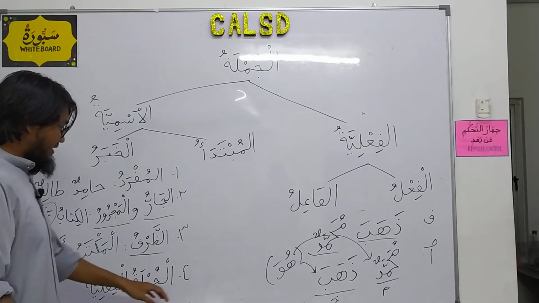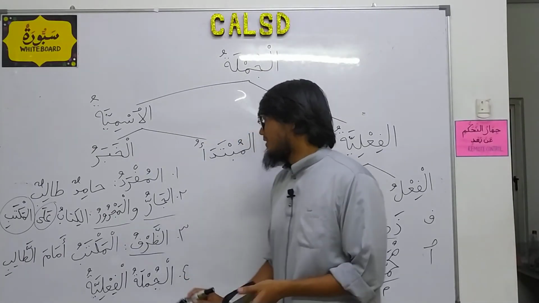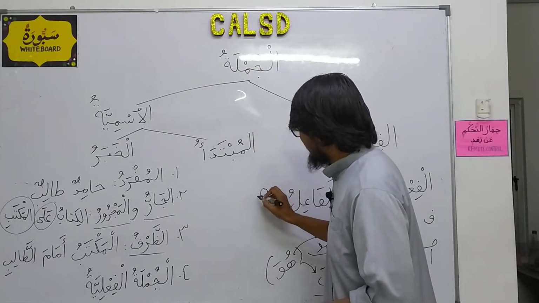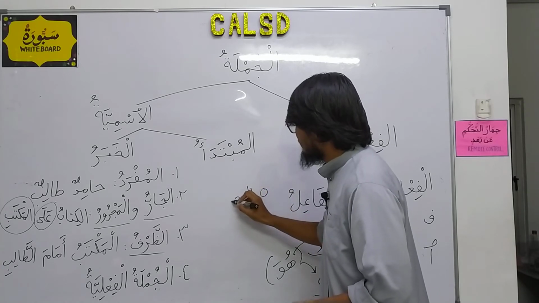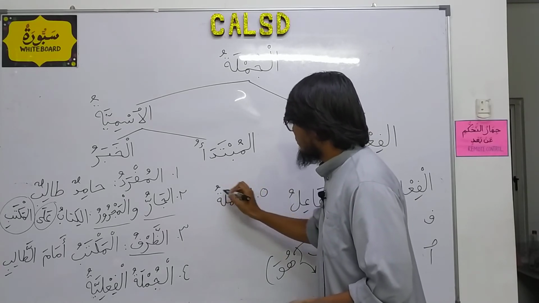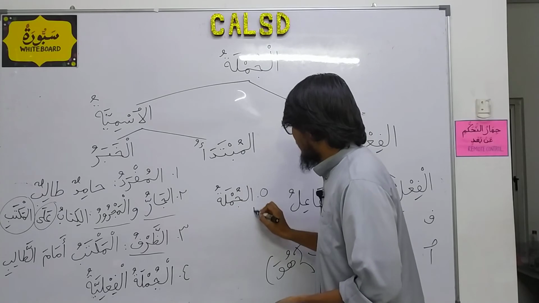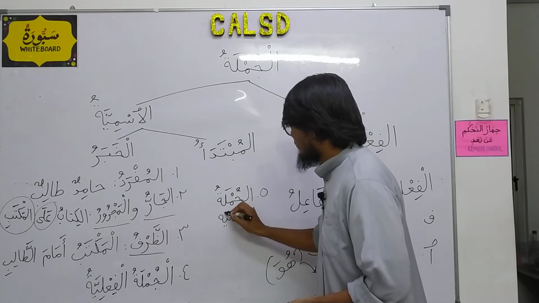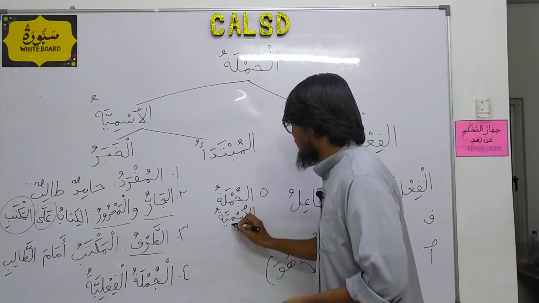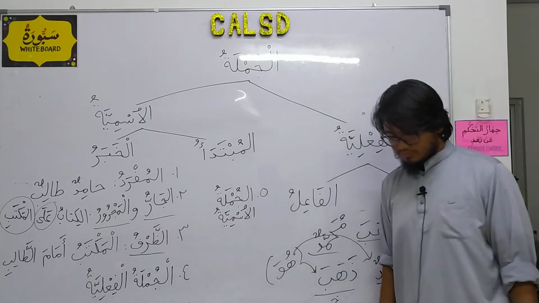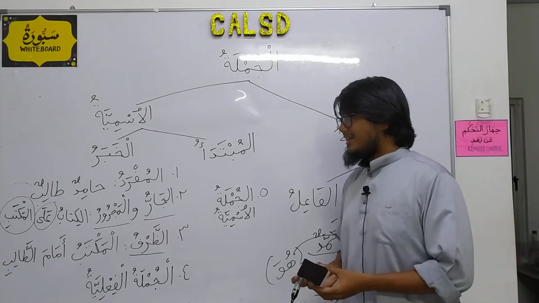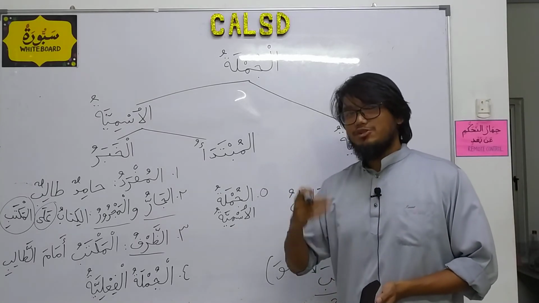So the last one, as I've said just now, there were five types of khabar, the fifth one is al-jumlatu al-ismiyatu. Okay, al-jumlatul ismiyatu. So basically, the khabar itself is a jumlah ismiyah.